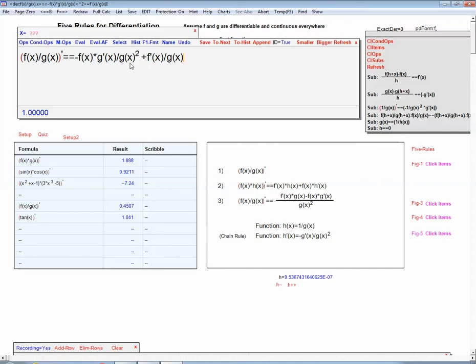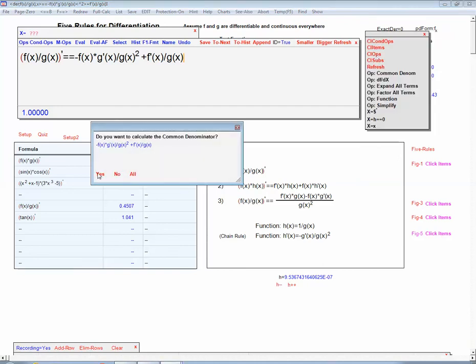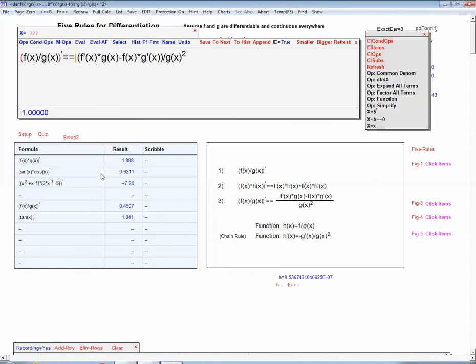And now I have g of x squared on the bottom of one term and g of x on the bottom of the other term. This looks like a situation for common denominator. So let's see what that gets us. Common denominator. Yes. And there it is. We're done.